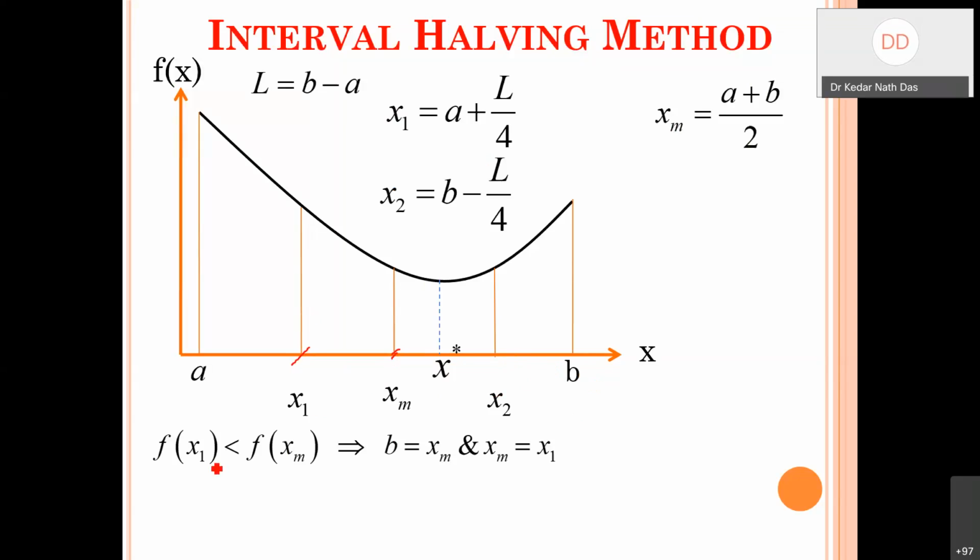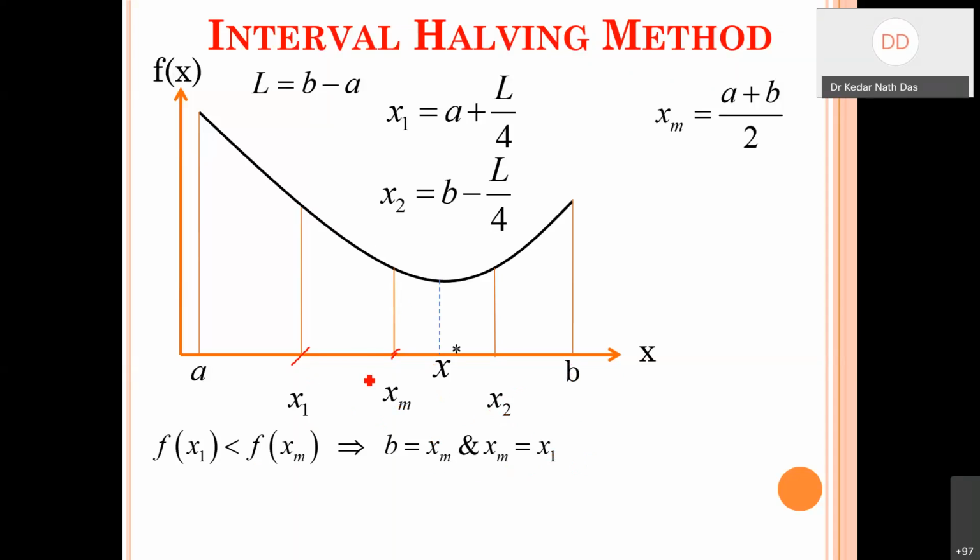Now, if f of x1 is less than f of xm, we can think of the function as coming down. That's why b will be shifted to xm, and xm will be assigned x1. So the new b will be xm, and xm is having a new value x1 now.